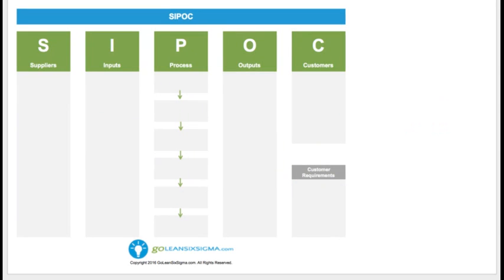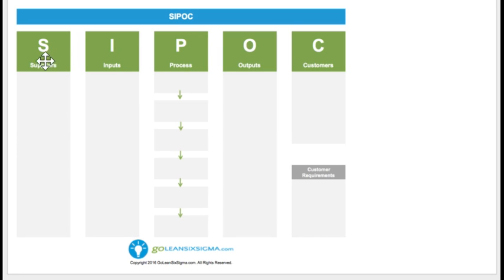Now, a SIPOC can help diagram and break out your process. It's a Lean Six Sigma tool where before you even can create a structure for work or create a management framework or assign resources or truly understand what sort of change you should implement, you need to document your current state and know what is currently happening.